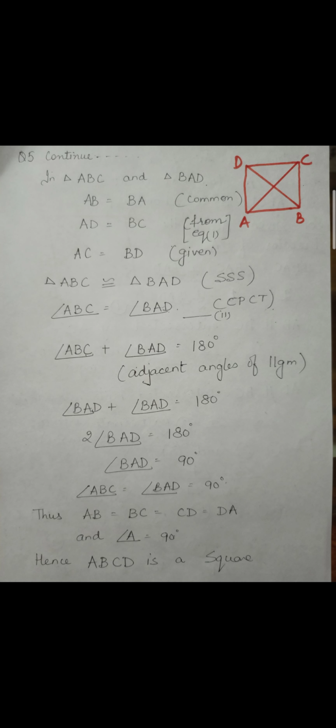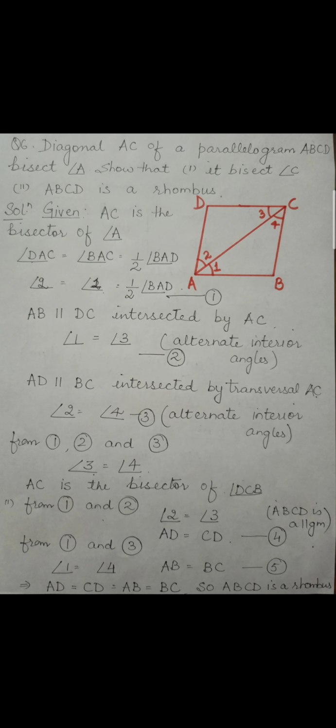So let's proceed to the next question. Question number 6. In question number 6, diagonal AC of a parallelogram ABCD bisects angle A. Show that it bisects angle C. And second, we have to show ABCD is a rhombus.